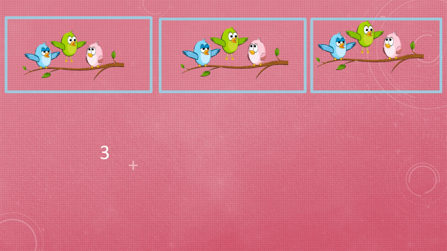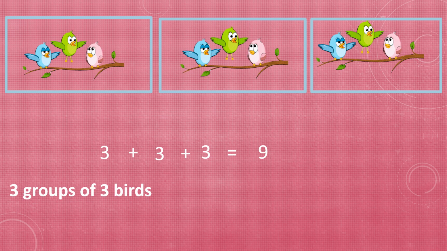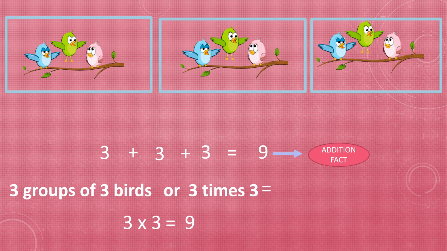If we're going to add 3 plus 3 plus 3, the answer will be 9. And now you know that we can also solve this by multiplication, since multiplication is repeated addition. So 3 groups of 3 birds, or 3 times 3, will be equal to 3 into 3, that is equal to 9. The equation with the sign of addition is called addition fact, and the equation with the multiplication sign is called the multiplication fact.